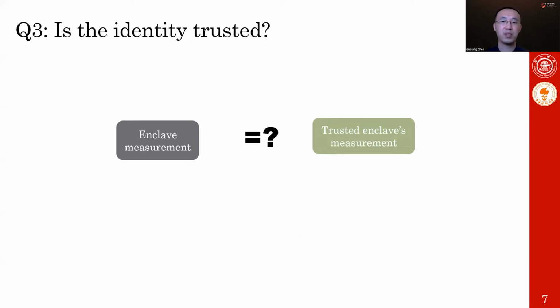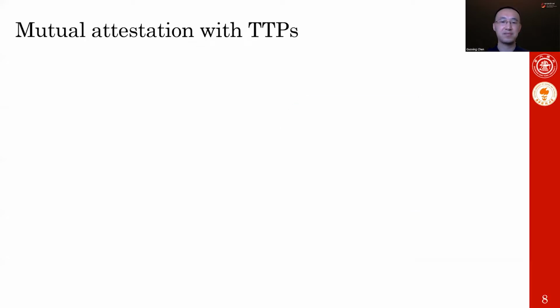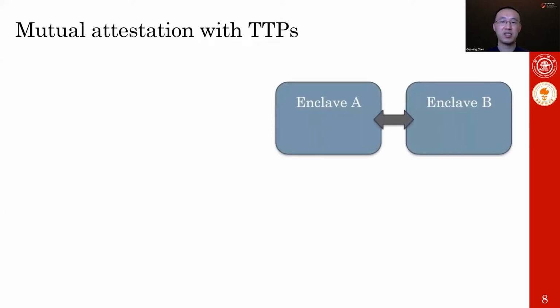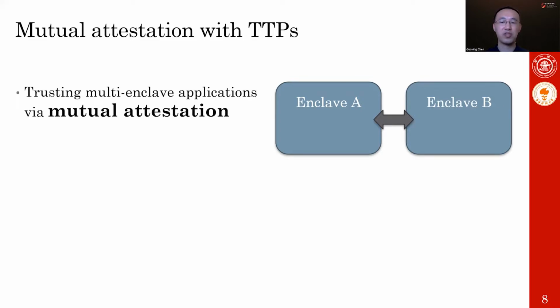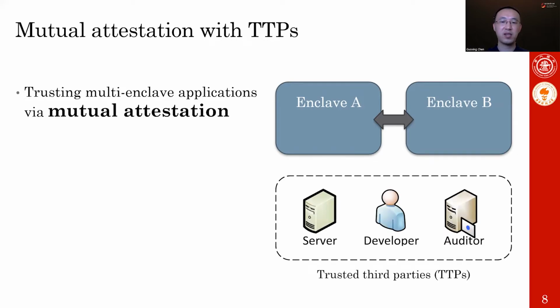In scenarios when the verifier is also an enclave, the trusted enclave's measurement is hard-coded into the verifier enclave's initial data. When TEE applications become more complicated and consist of multiple enclaves, these enclaves need to attest each other to establish a trusted relationship before interacting with each other. Such mutual attestation could be achieved when there exist trusted third parties, such as a standalone server, a trusted developer, or a trusted auditor.